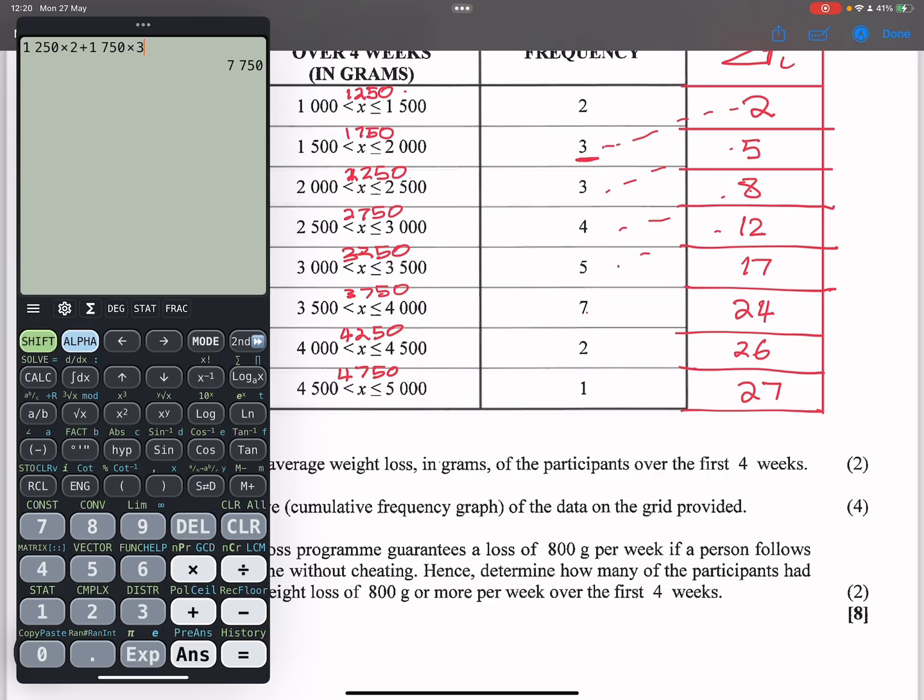And the next one, plus, that's 2250 multiplied by 3 again, right? So that's the value.